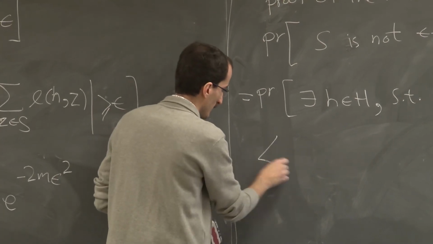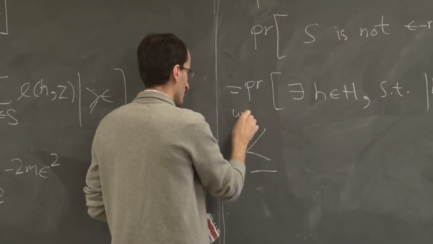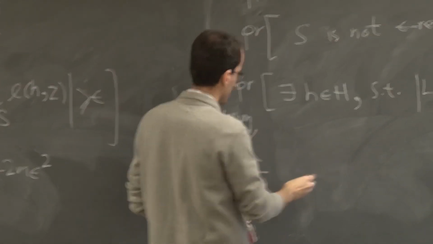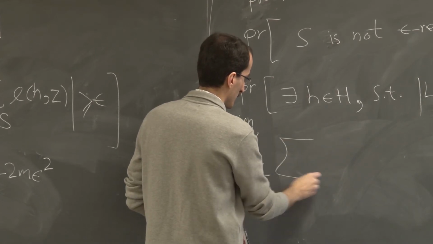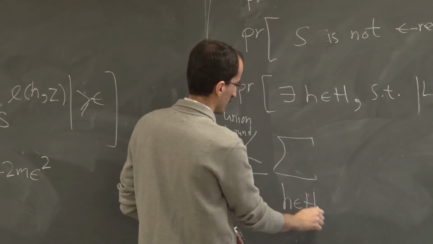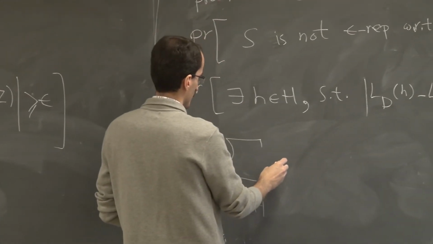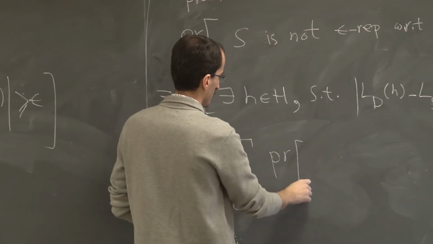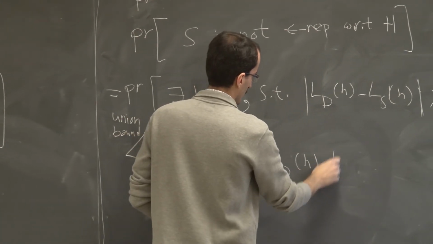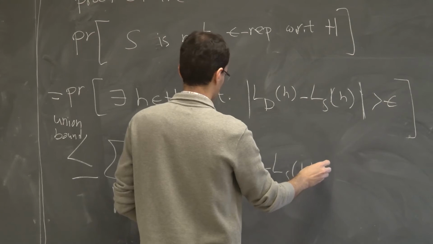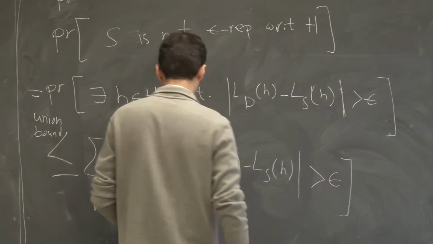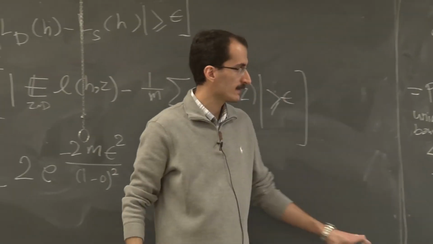So based on the union bound, it's less than the sum over all hypotheses in the class of the probability that LD is far apart from LS.